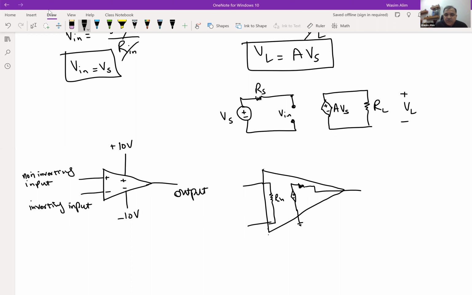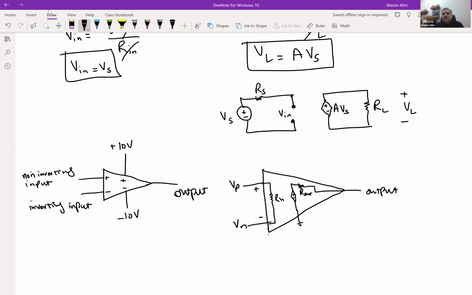And this is your output. And the input, for example, if this is positive and negative, would be VP and VN. And of course, you have the local voltages also. So this is your R out.